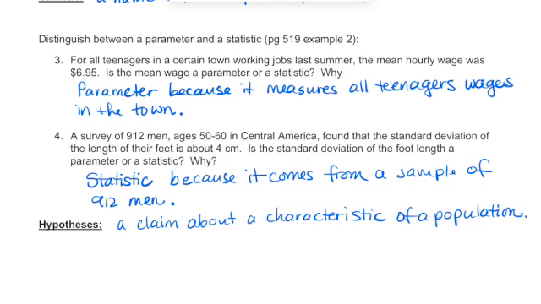So for example, a claim would sound something like, a drug company claims that patients using its weight loss drug lose an average of 24 pounds in the first 3 months. Or a medical researcher claims that the proportion of U.S. adults living with one or more chronic conditions is 45%.